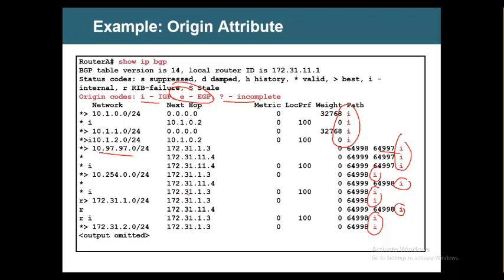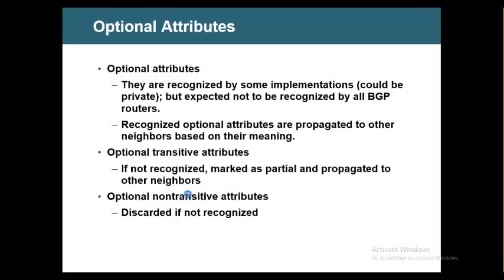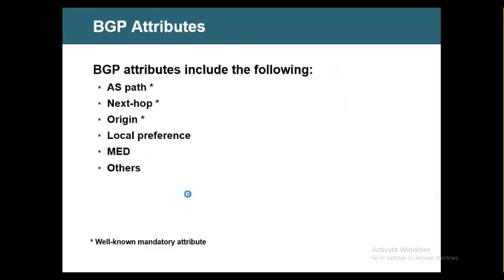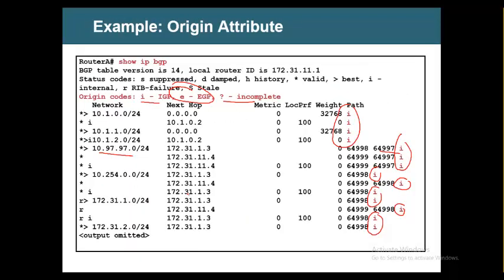Local preference, weight, AS path, origin. So all attributes are seen here. These are the attributes that are tunable. That's why you don't have 13 attributes in the list. Only these attributes you see because they are the ones you see in this output. These are the tunable ones, right?